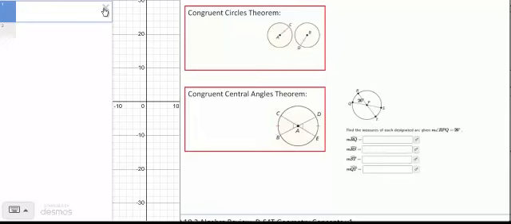Congruent circles theorem, what that says is that 2 circles are congruent if and only if, again, meaning both it and the converse are true, they have congruent radii. Okay, so in this particular case, if AC is congruent to BD, then circle A is congruent to circle B.